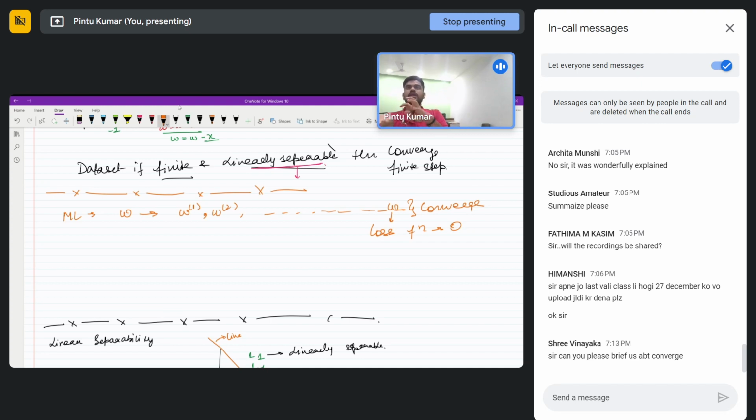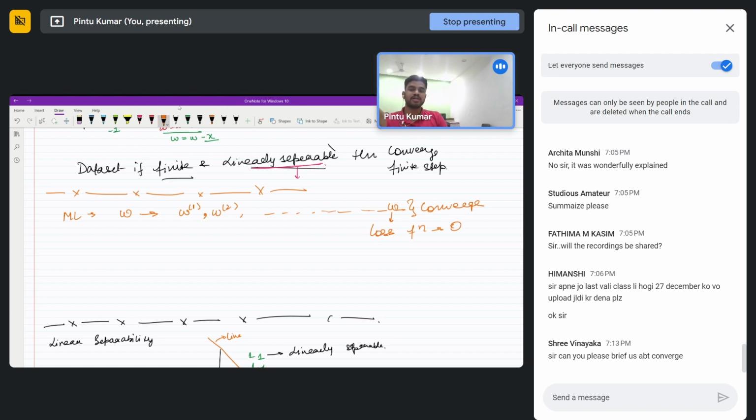Whatever training data points you had, you are able to learn a W for which all the predictions on this training data set are correct. In real life this would be very rare, and in many situations you won't want it to happen. That we'll see why. But one definition of convergence is that your loss function is 0.